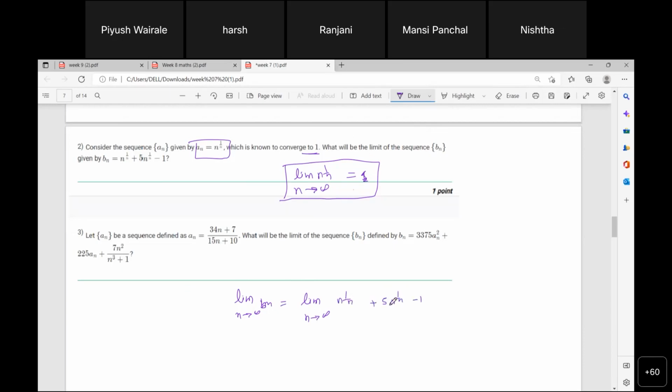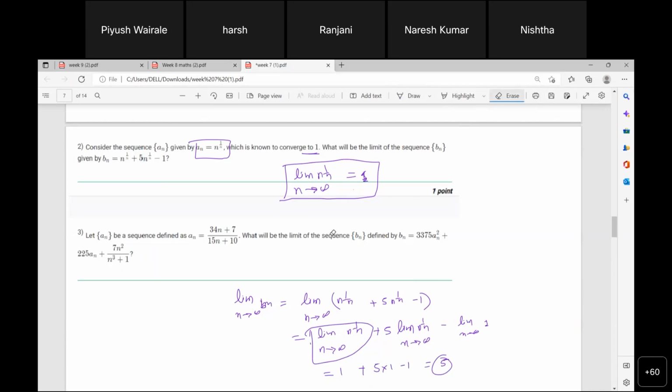I can transfer this limit to the individual terms. 5 is a constant, so I can take it outside. 5 times the limit of n to the power 1 by n, which will be 1, minus the limit of 1. So it is 5 times 1 minus 1, and basically the answer will be 5, right?